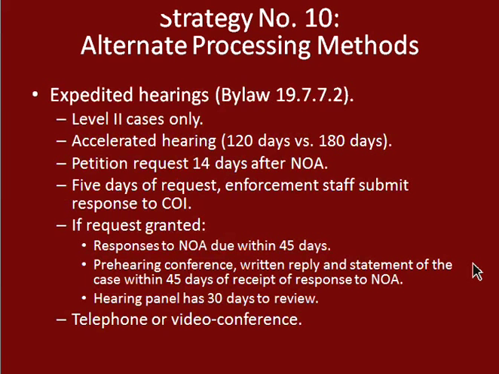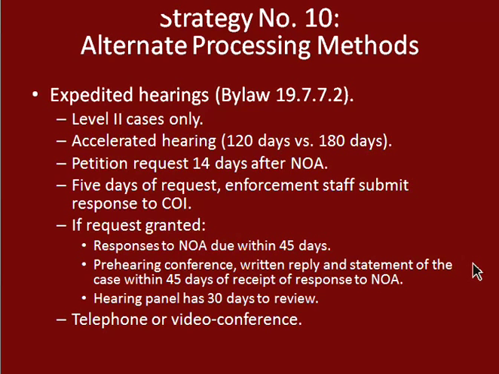The expedited hearing is the second type of hearing. It is for level 2 cases only. An expedited hearing occurs in 120 days versus 180 days of the old process. Again, if you want to select an expedited hearing, you do it by submitting a request 14 days after the notice of allegations.